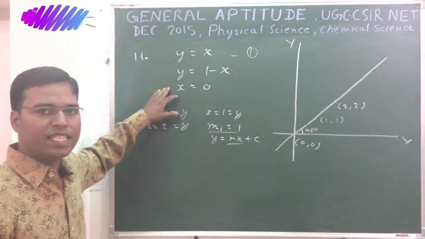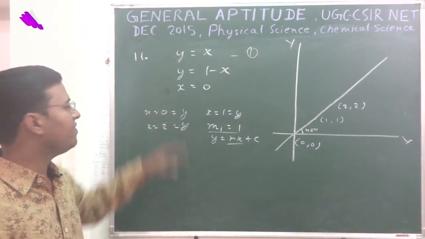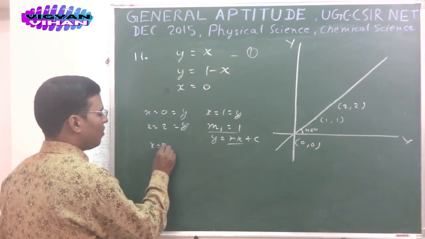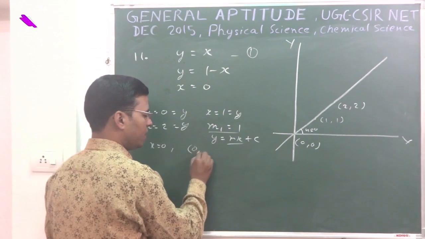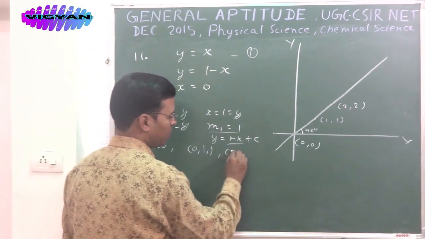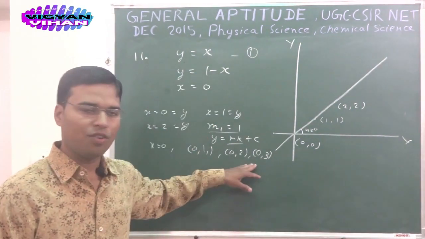The third line, which is x is equal to 0: for any y value, x is always 0. So, this line passes through 0, 1, 0, 2, 0, 3 and so on.